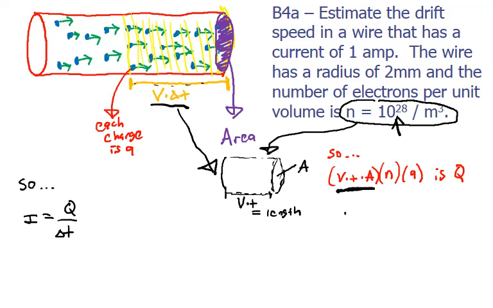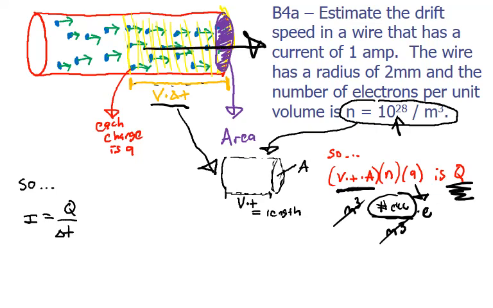And so we'll have the volume in meters cubed, then the number of electrons per meter cubed, and then the charge in coulombs, and that's going to give us Q, because the volume cancels out. We'll have the number of electrons times the elementary charge e, and that will give us Q, how much charge actually passes by here in a certain amount of time.